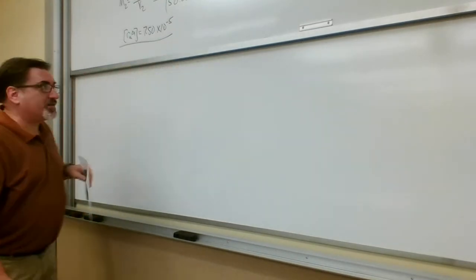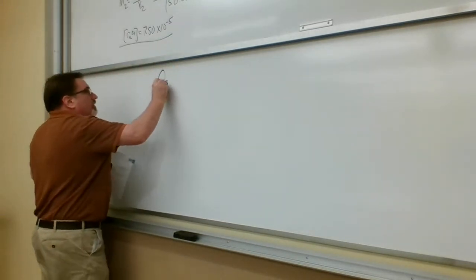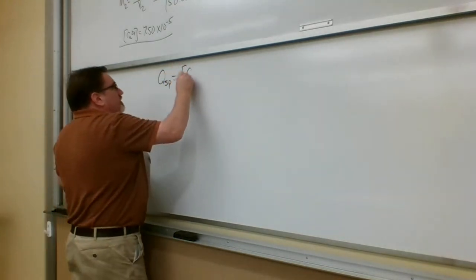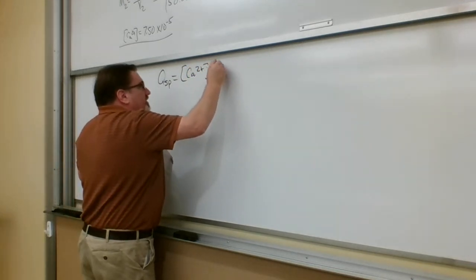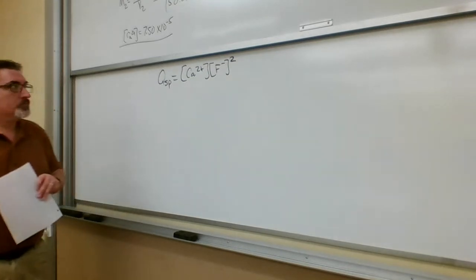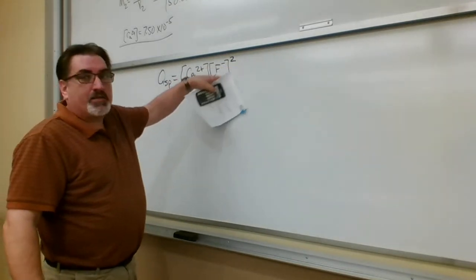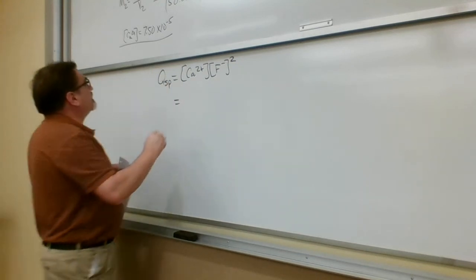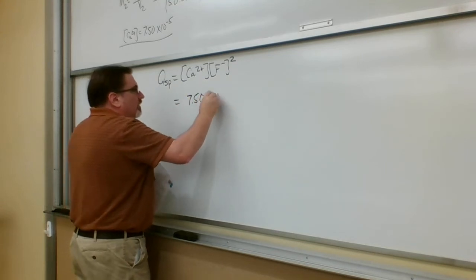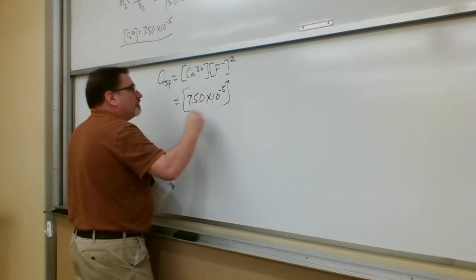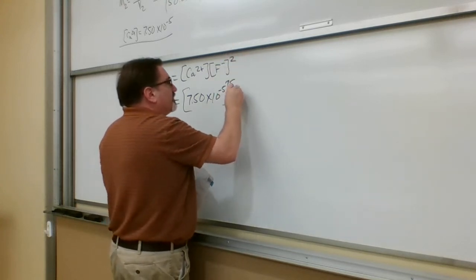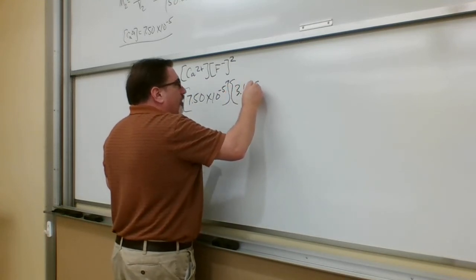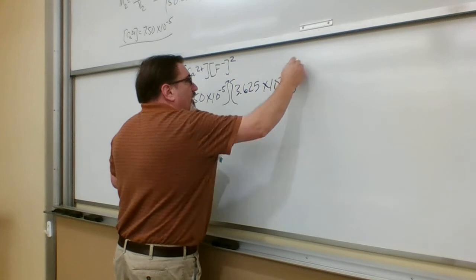Okay, so I'm going to move this board up out of the way for now, keeping in mind what our calcium and fluoride ion concentrations are, and we're going to calculate a QSP. For calcium fluoride, it would be Ca2+ times F minus squared, because there's one calcium in the formula and two fluorides in the formula. So we plug in the concentrations we just looked at. Calcium was 7.50 times 10 to the minus fifth, and fluoride was 3.625 times 10 to the minus third, and that one gets squared.